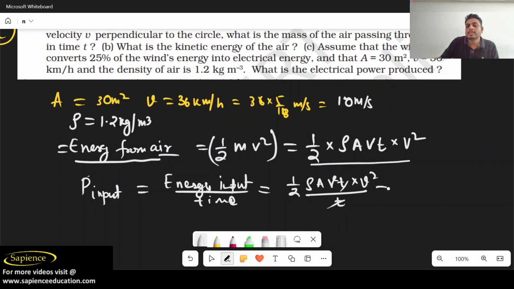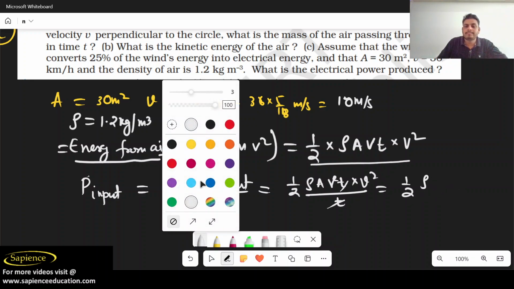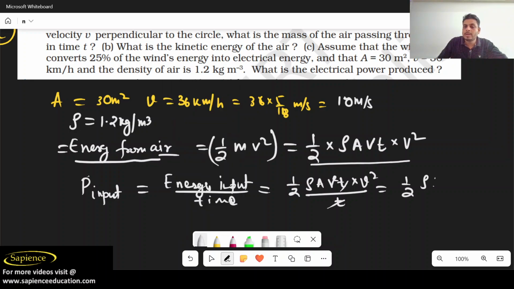So t got cancelled, and we get half into rho into A into v cube. So this is power input.